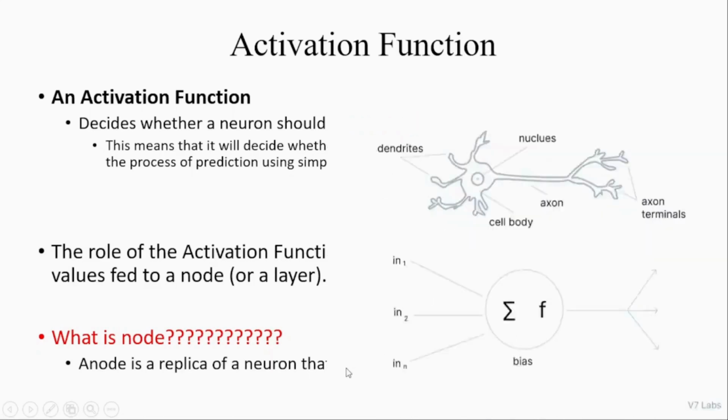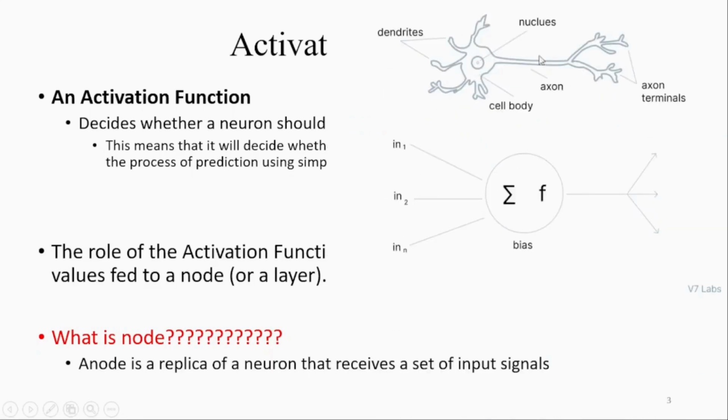If you look at this, this is a human brain neuron: this is the cell body, and these are the dendrites, which give inputs from different sources. This is the nucleus, and these inputs are processed here and then proceed via the axon to the axon terminal.